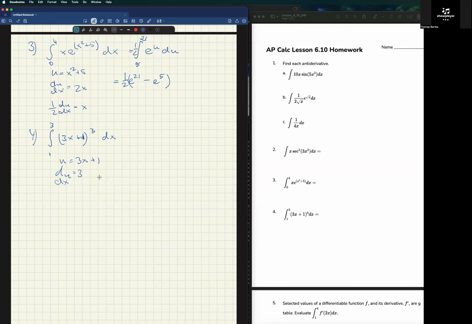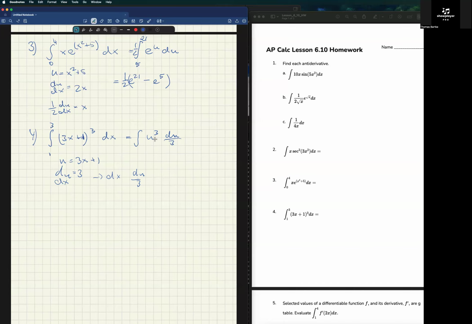So let's go to dx equals du over 3, and that way it's going to become clear once we insert stuff. Leave the boundaries blank for now, and we're just going to put u to the 3 du over 3. That is replacing the x, and we've inserted this here into u.